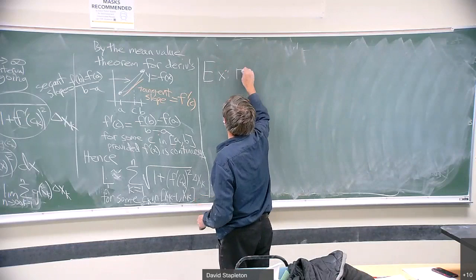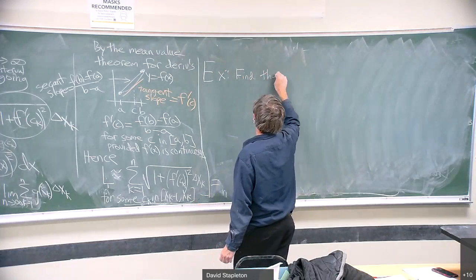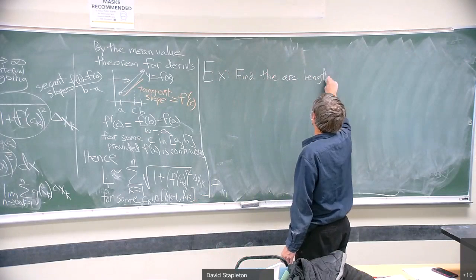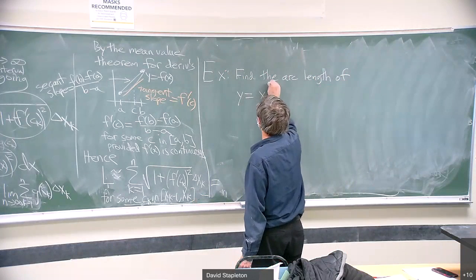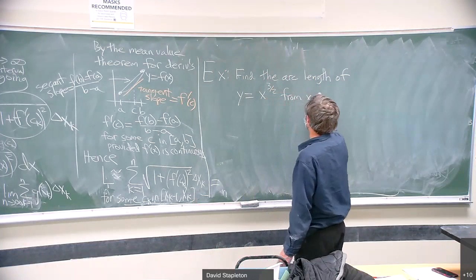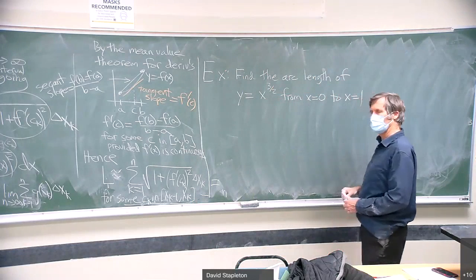Suppose I wanted to find the arc length of the curve y equals x to the 3/2 from x equals 0 to x equals 1, right?